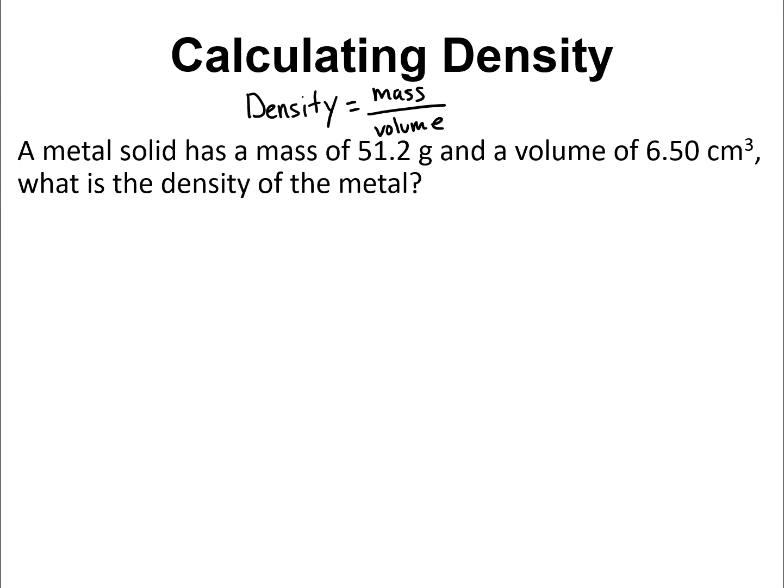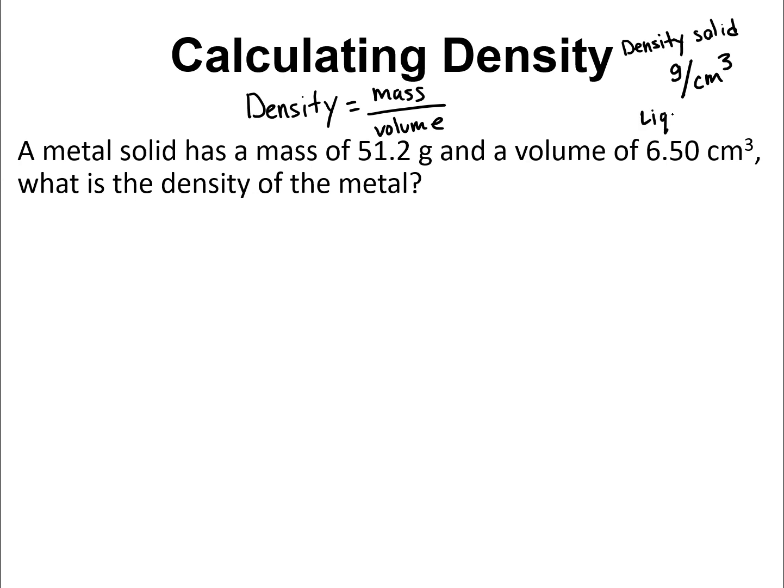The way we calculate density is you take the mass in grams and divide it by the volume. The density of a solid, you'll see that represented in grams per centimeter cubed.